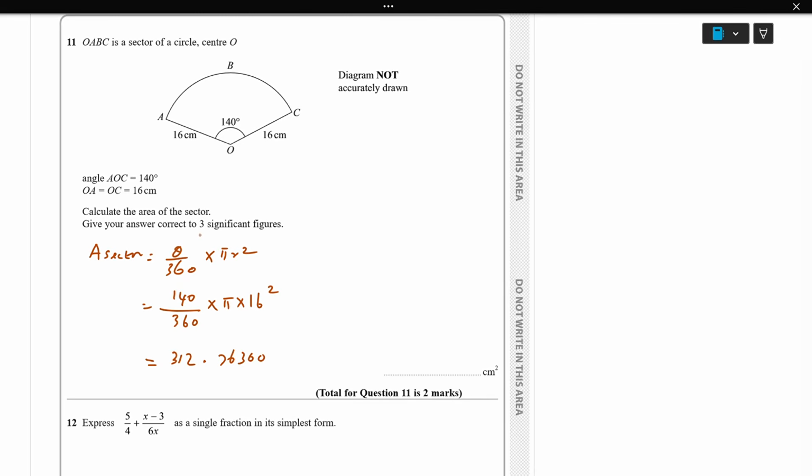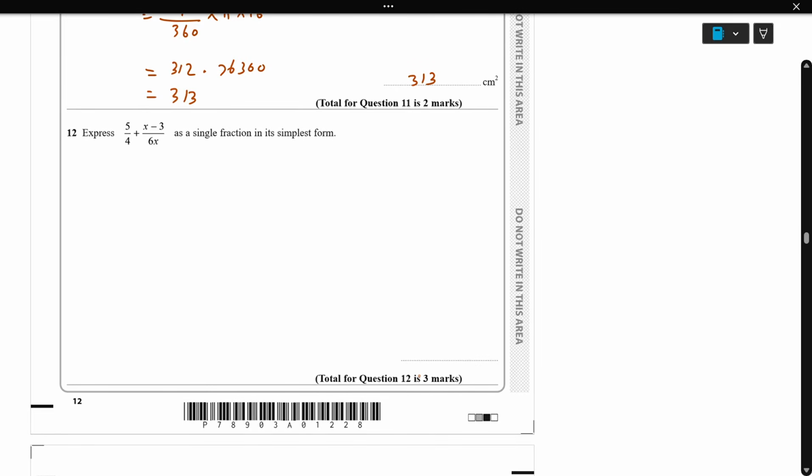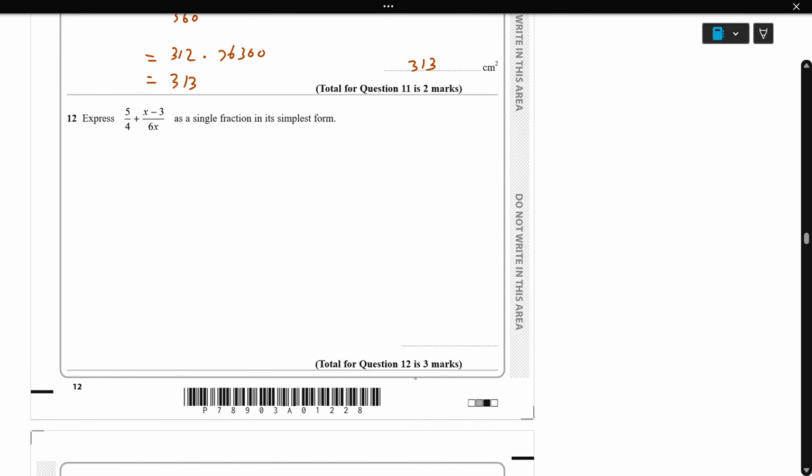The answer is 312.763, but to three significant figures, so 312. After the decimal there is a 7, so we should add 1, so 313 centimeters squared.